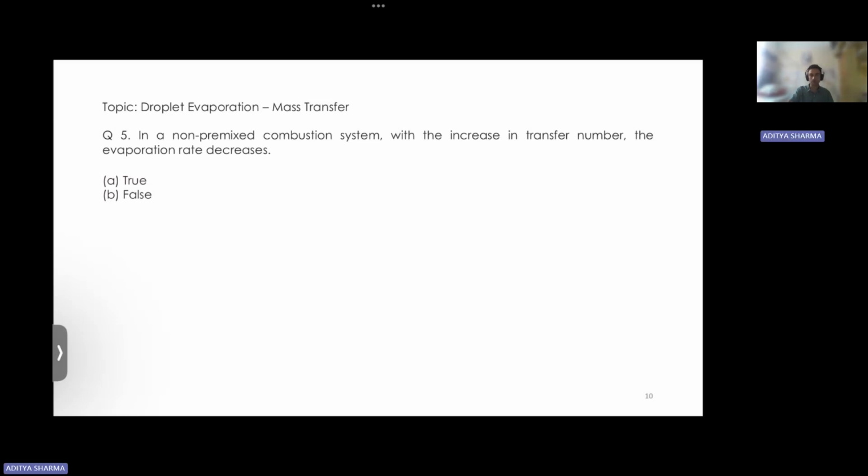Now, to answer this question, we need to know the relation between the transfer number and evaporation rate.